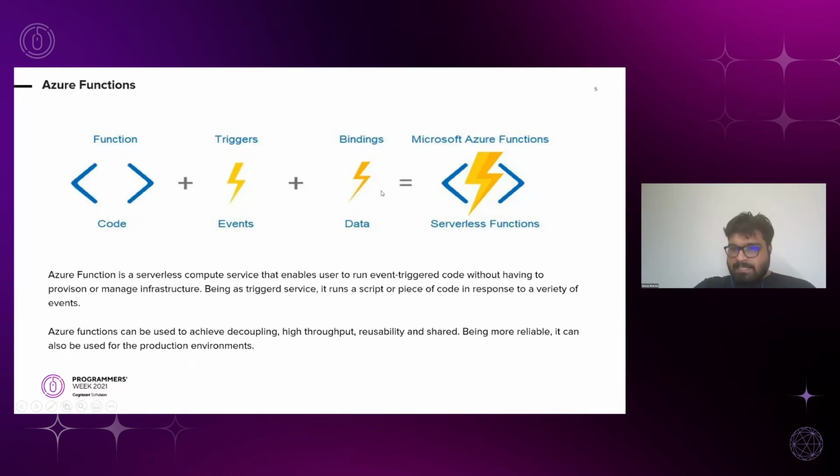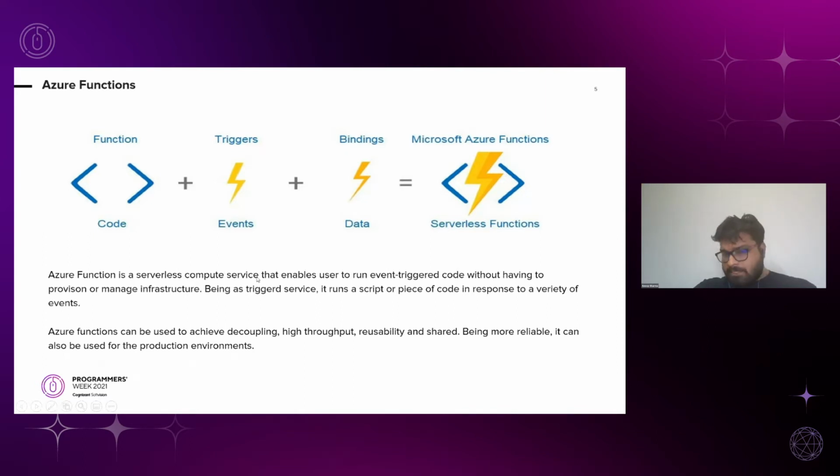So the binding is the data binding. The combination of the function code, the business logic, the trigger, and the data we give as input is called an Azure Function. It's a small piece of code where we write our business logic, and there should be an event which triggers the execution, and the data which is passed to that function. The combination of all these is called Azure Functions.